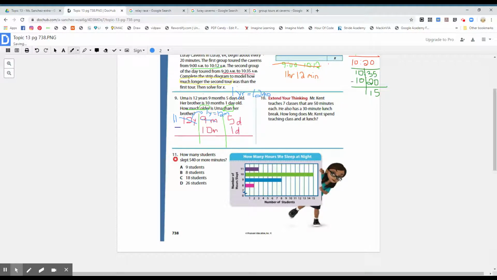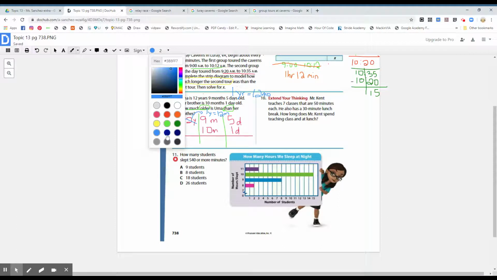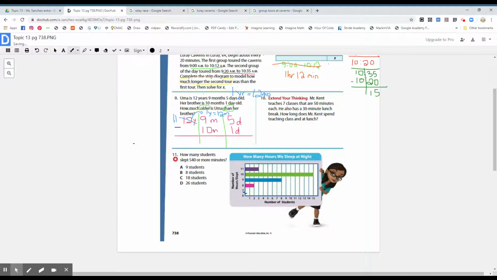We now have 21 months. Let me use a different color so you can see it better, boys and girls. Okay, so instead of the 9 months, when you regroup the 12, now you have 21 months. 21, boys and girls.